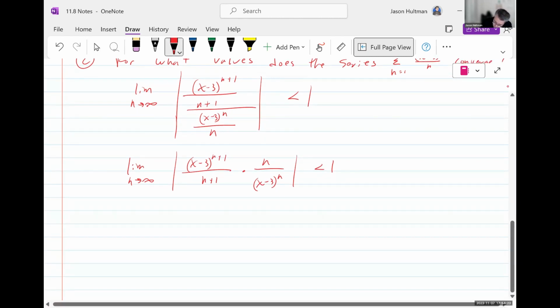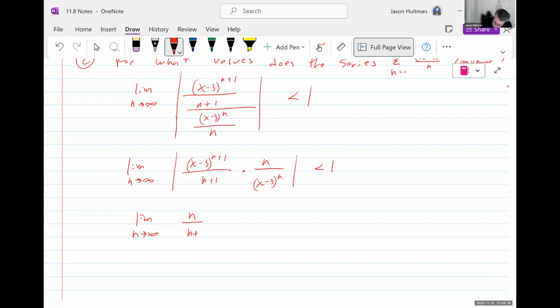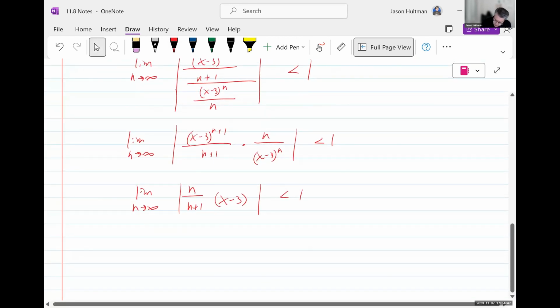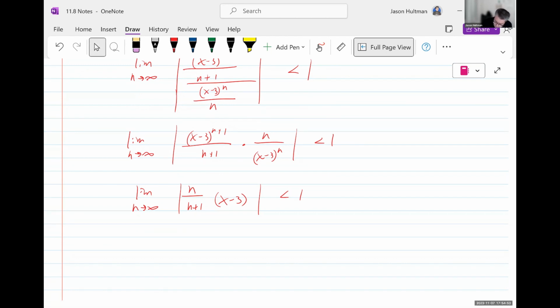So this becomes the limit of n over n plus 1, and then (x minus 3) to the n plus 1 divided by (x minus 3) to the nth is just x minus 3, in absolute value. I can bring the n over n plus 1 outside the absolute values because that's always positive. So this is the limit as n goes to infinity of n over n plus 1 times the absolute value of x minus 3 is less than 1.